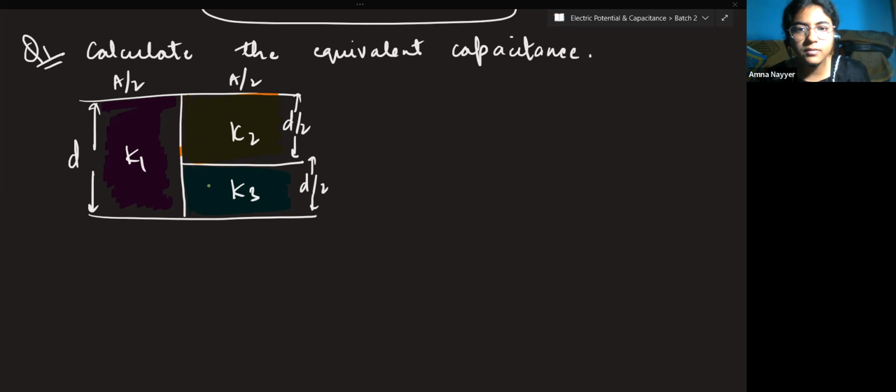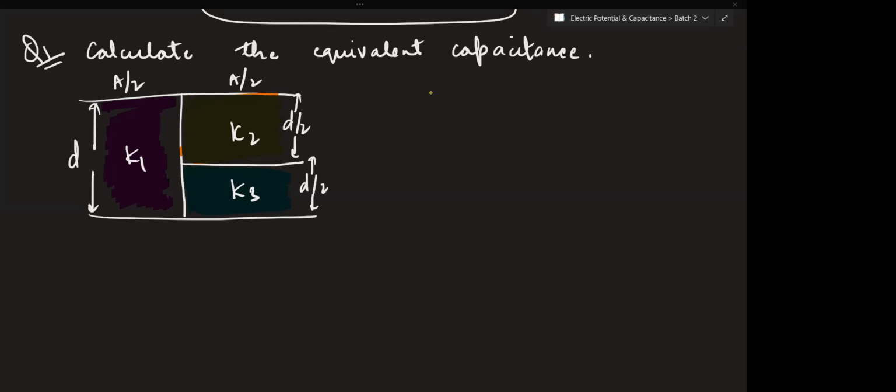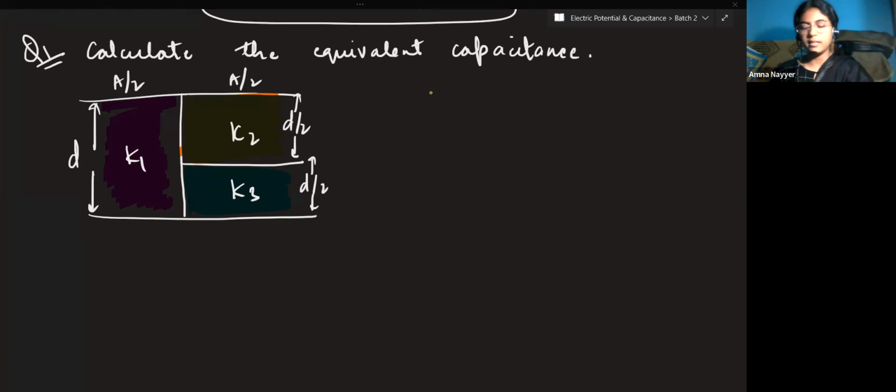Yes, Fatima Ansari, what's your answer? Teacher, K2 and K3 are connected in series, and K1 is connected with the resultant of K2 and K3. Yes, correct.